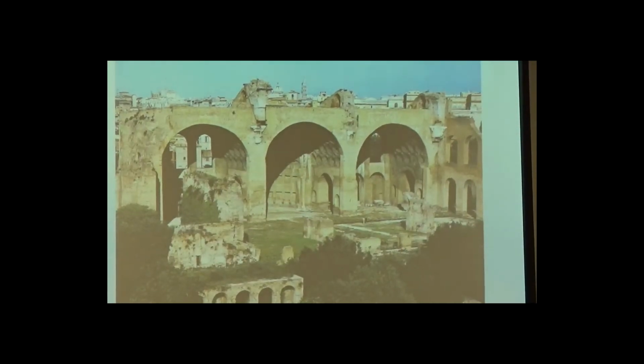Now, this structure, which I have visited and spent some time in, is the Basilica of Constantine, also known as the Basilica of Maxentius. If you can recall, there was a battle at the Milvian Bridge where Constantine fought Maxentius. Constantine won, and threw Maxentius in the Tiber. Now, what is so important about this building? This is a Roman basilica.